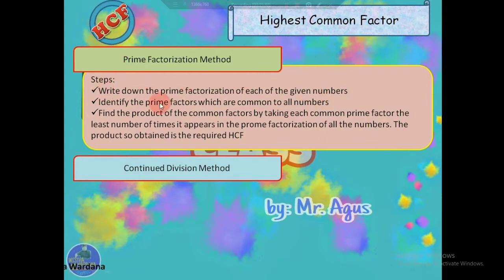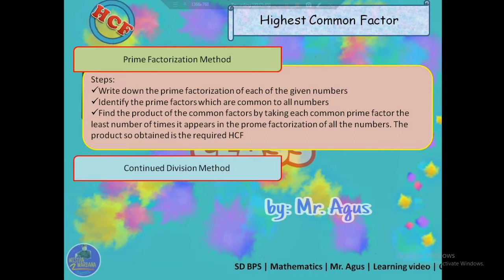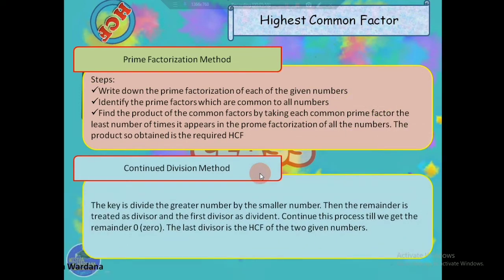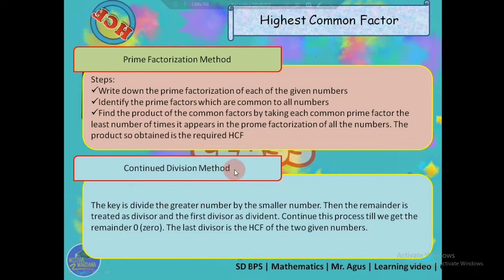I think all of you already know how to find the HCF using the prime factorization method, so I don't want to explain it again. The second one is the continued division method. This is the newest method, because all of you already learned about this topic in grade 5.